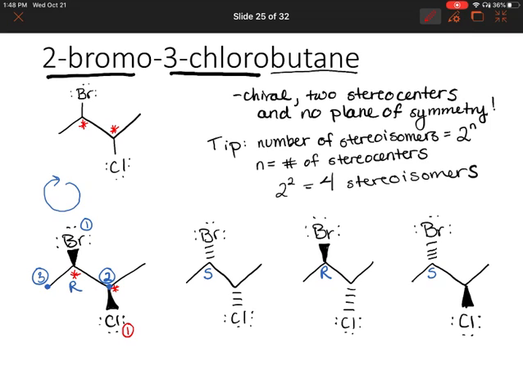So now we have a competition between two carbons. A carbon that's bonded to 3 hydrogens, and then a carbon that's bonded to bromine, another carbon, and a hydrogen. So which one would win? The carbon on the left or the carbon on the right? The carbon on the left, because it's bonded to heavier atoms.